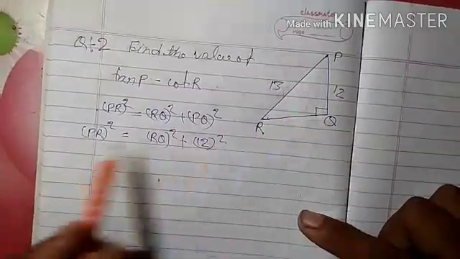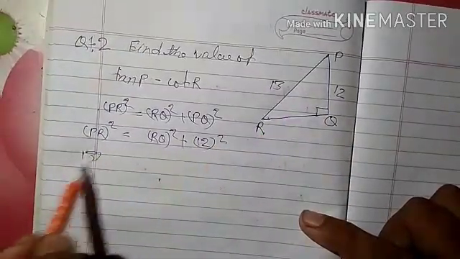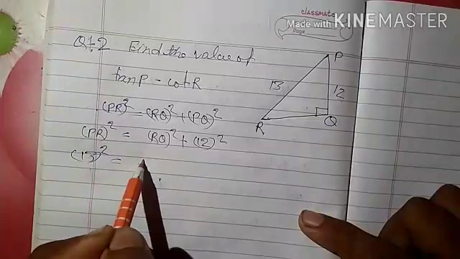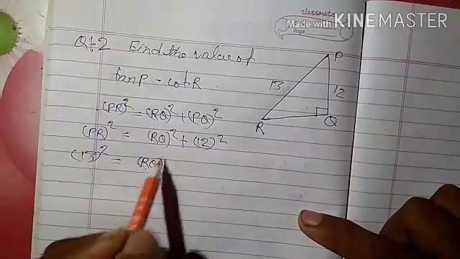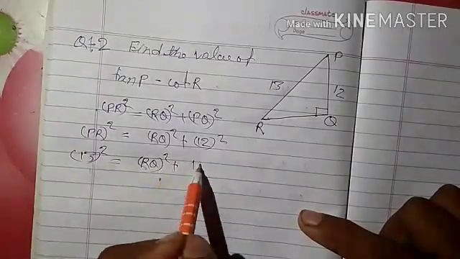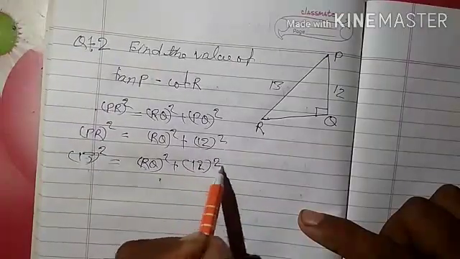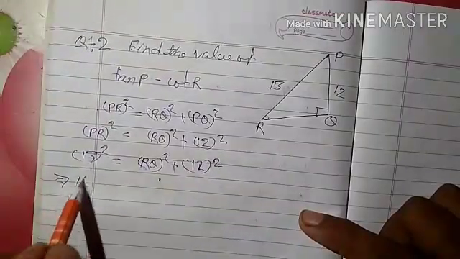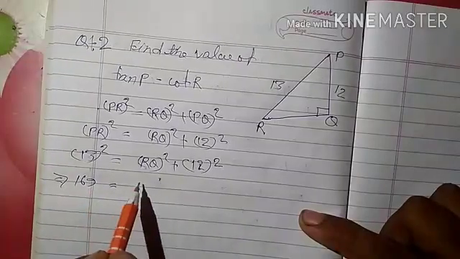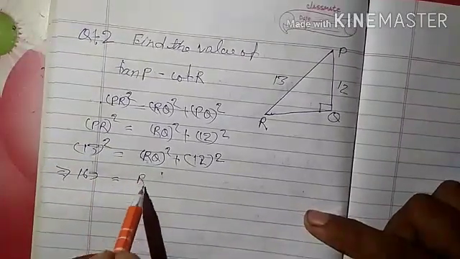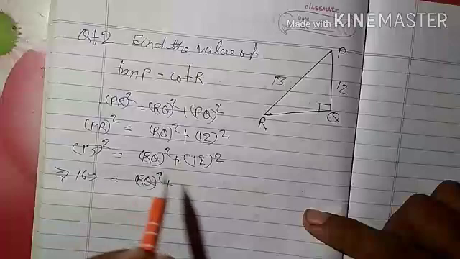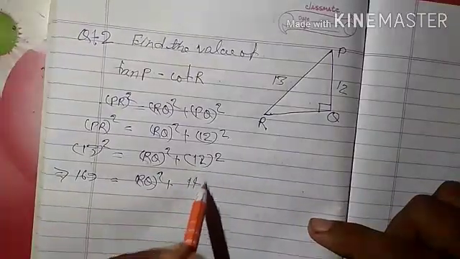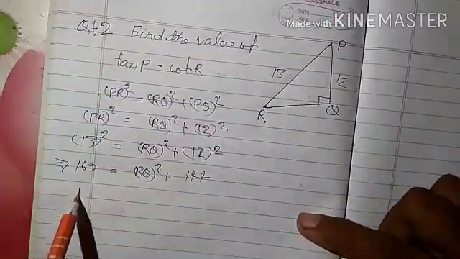The value of PR, that is 13 square, is equal to RQ square plus 12 square. So 13 square, that is 169, is equal to RQ square plus 12 square, that is 144.